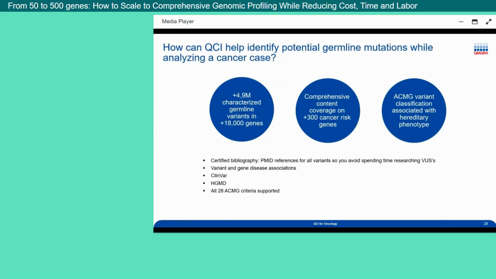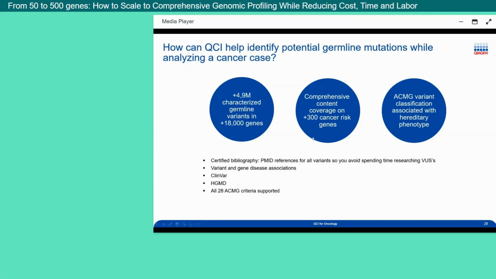So how can QCI help identify potential germline mutations while analyzing a cancer case? QCI contains content for over 4.9 million characterized germline variants. There are PubMed references available for every published germline variant in over 300 cancer risk-associated genes, including variant and disease-specific associations.